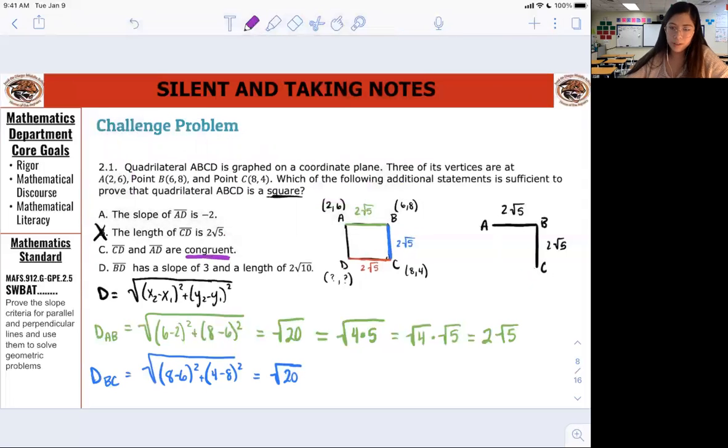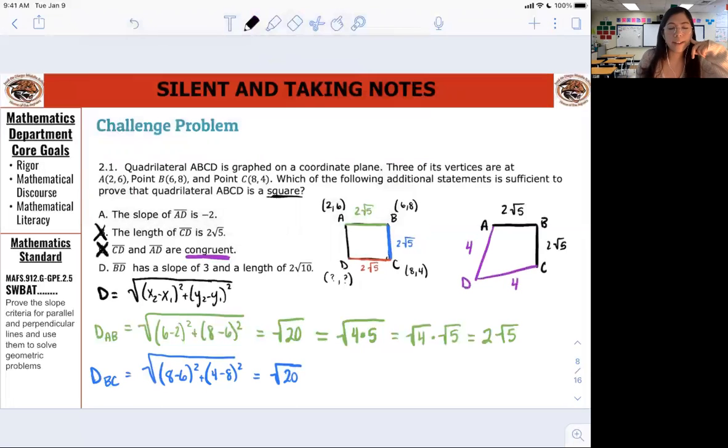No, right? So what if this was 4 and that was 4? Would that be a square? Definitely not. But AD is congruent to CD. It's just not the right length.